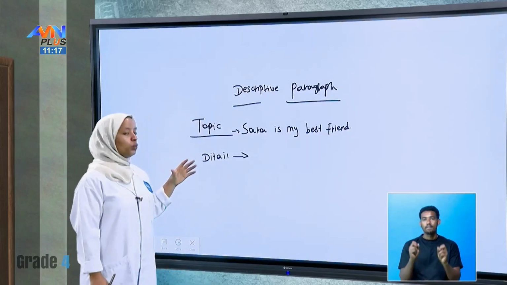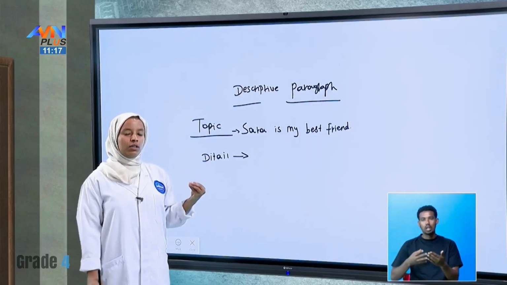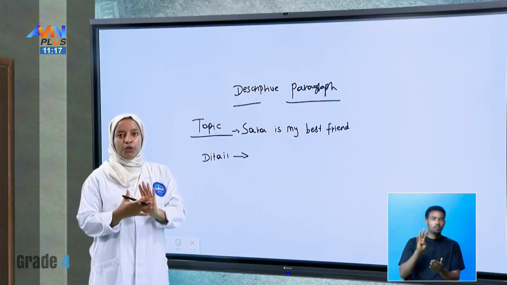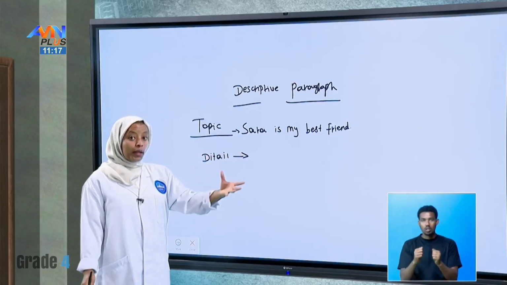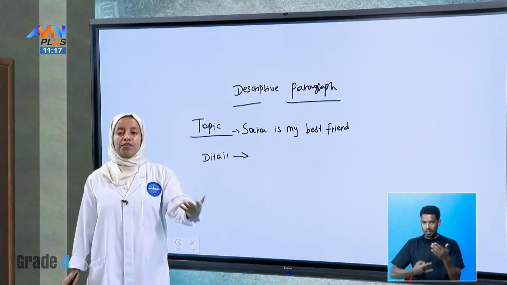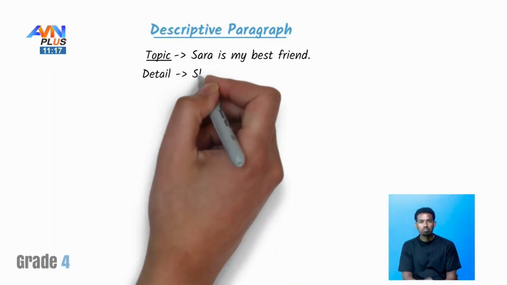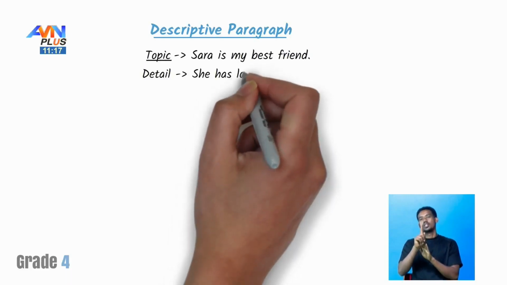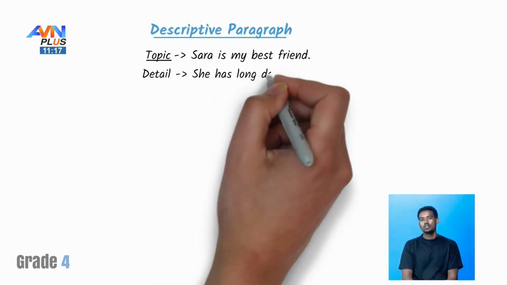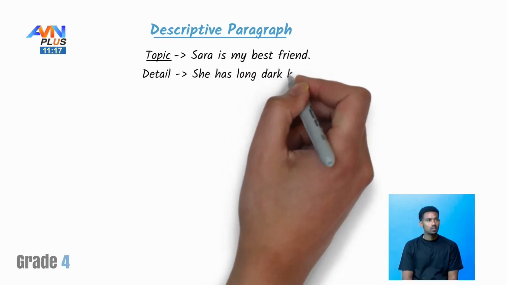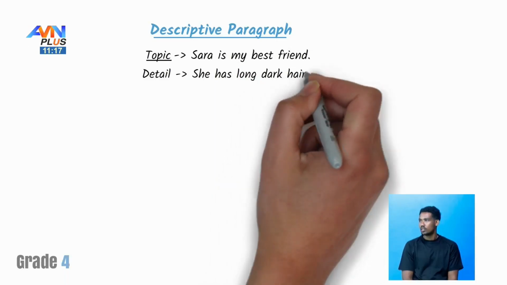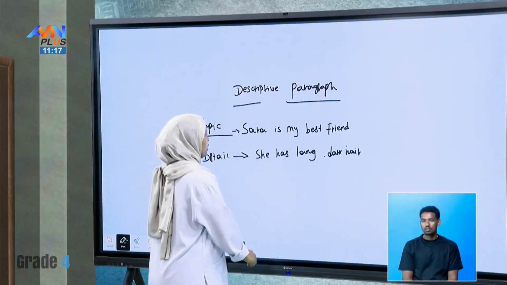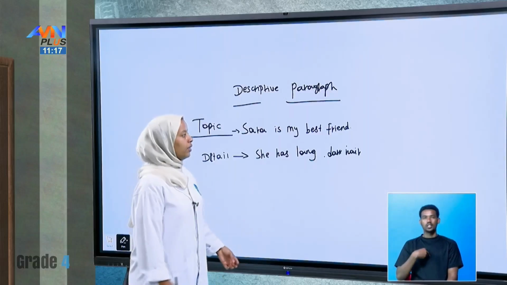When we come to details, you can use different sentences, maybe four or five of them, as part of the detail. For example, how Sarah looks. For example, she has long, dark hair.